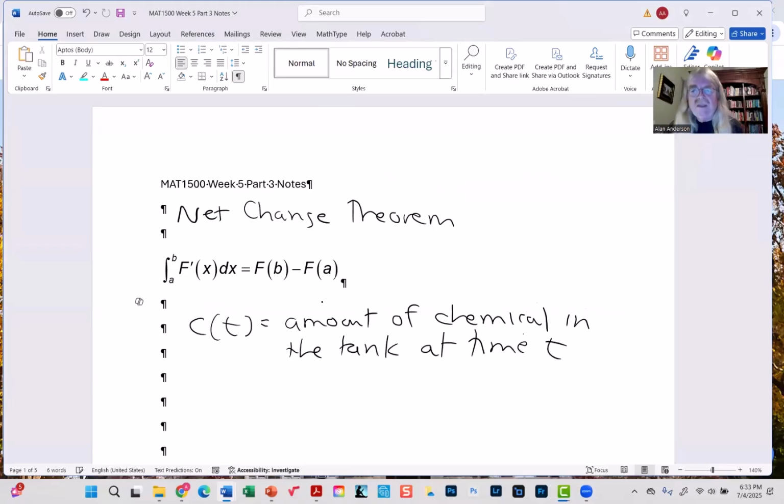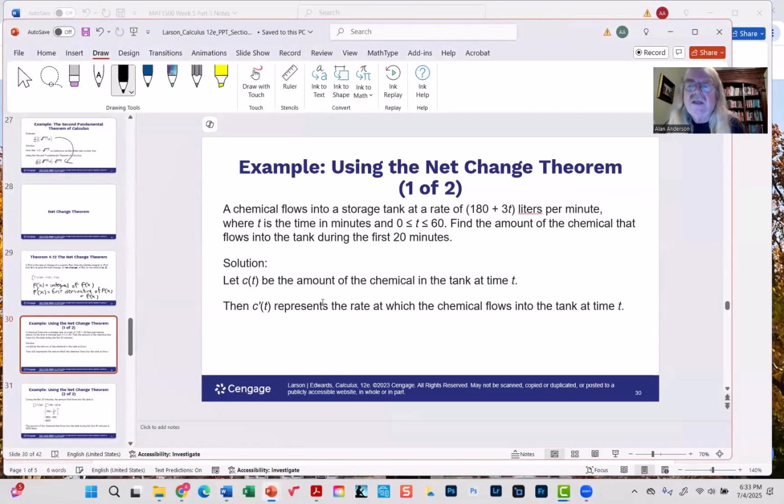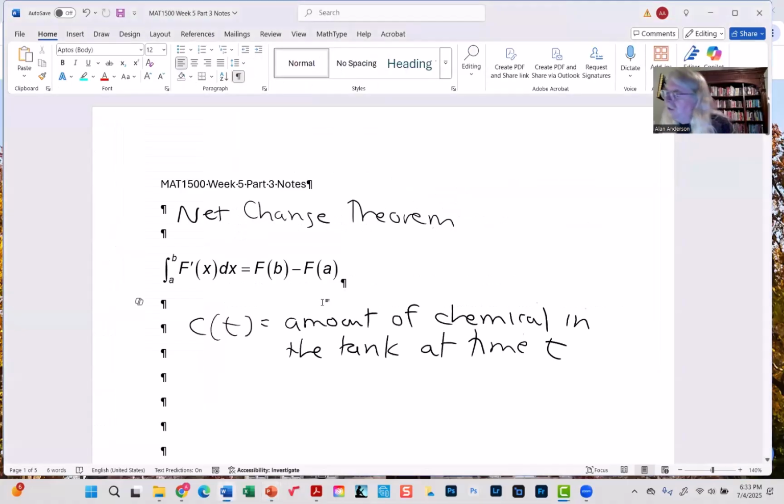So it stands to reason that the derivative of C of t is the rate at which the amount of chemical in the tank changes as time elapses. In other words, the rate of flow of this chemical into the tank over time. That would be represented as C prime of t, although you could also write it as dC dt.